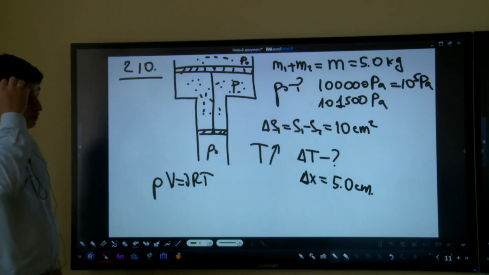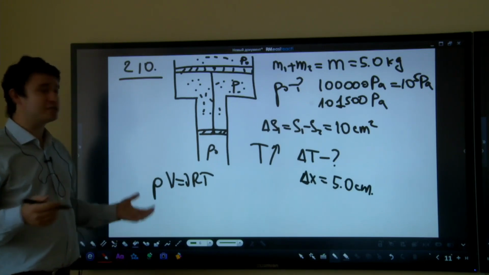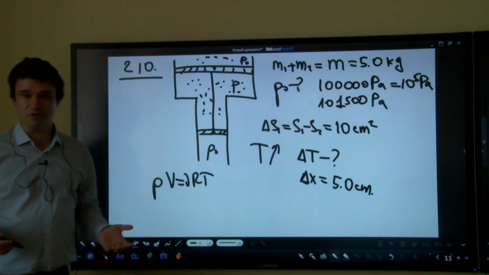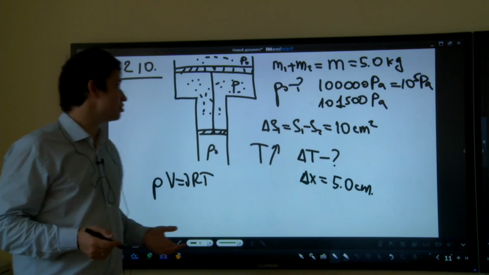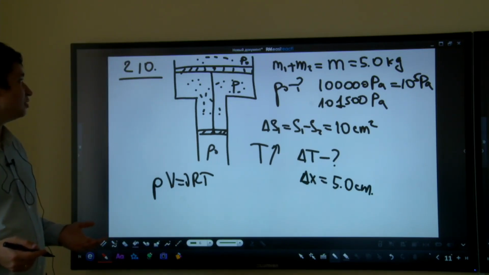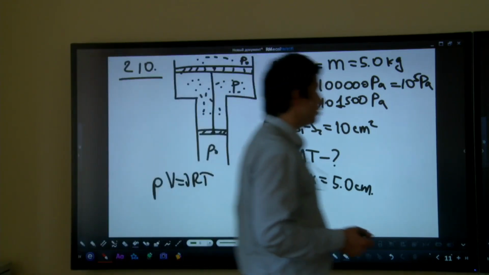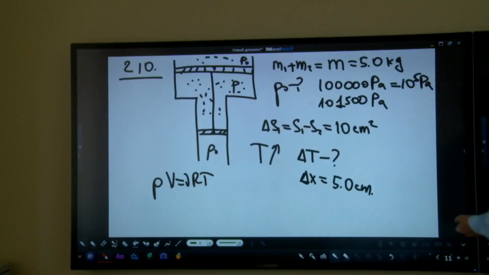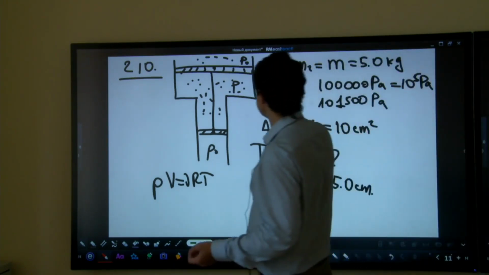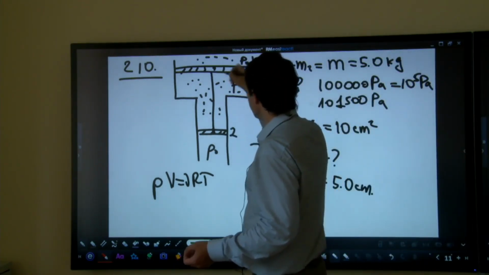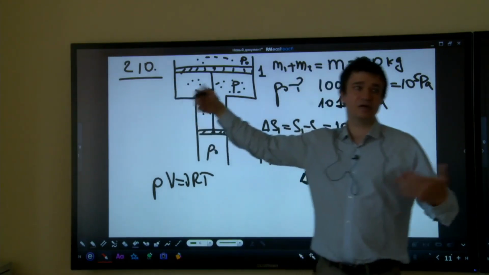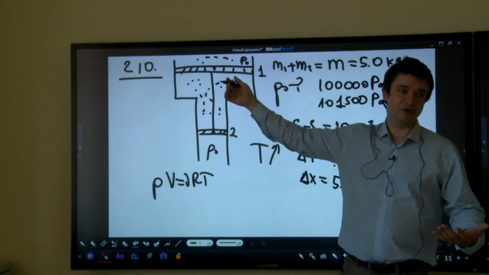But before, we should understand why these pistons actually move. And to do so, we need to consider the mechanical equilibrium of the system. One way to address the mechanical equilibrium of the system is to consider these 2 pistons. I label them 1 and 2, and write down their conditions for equilibrium.